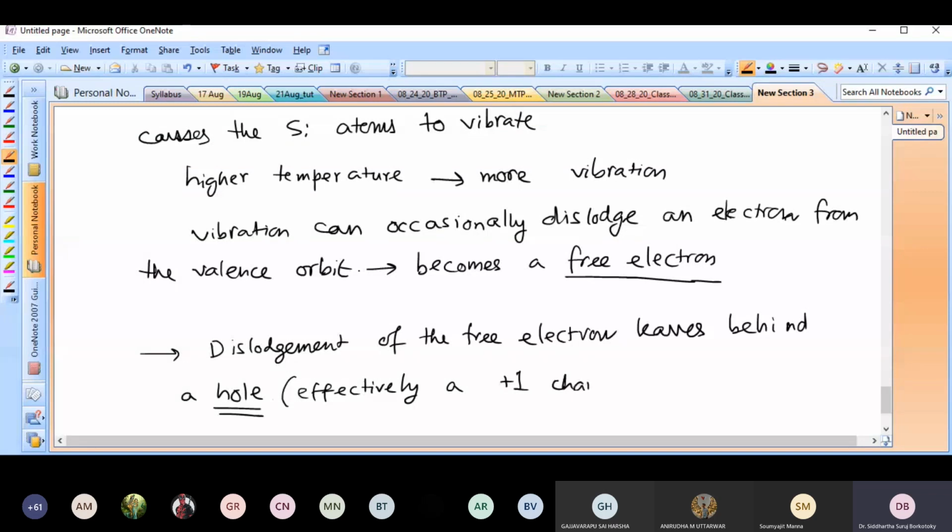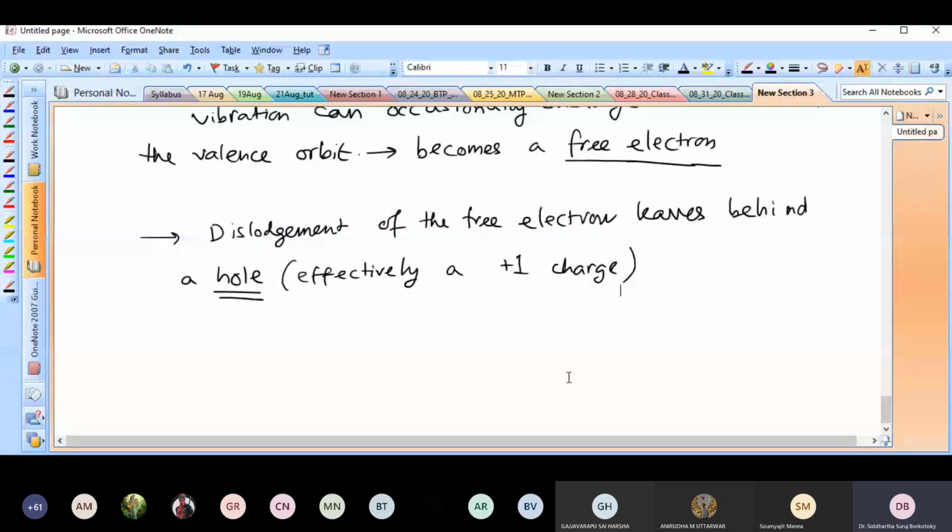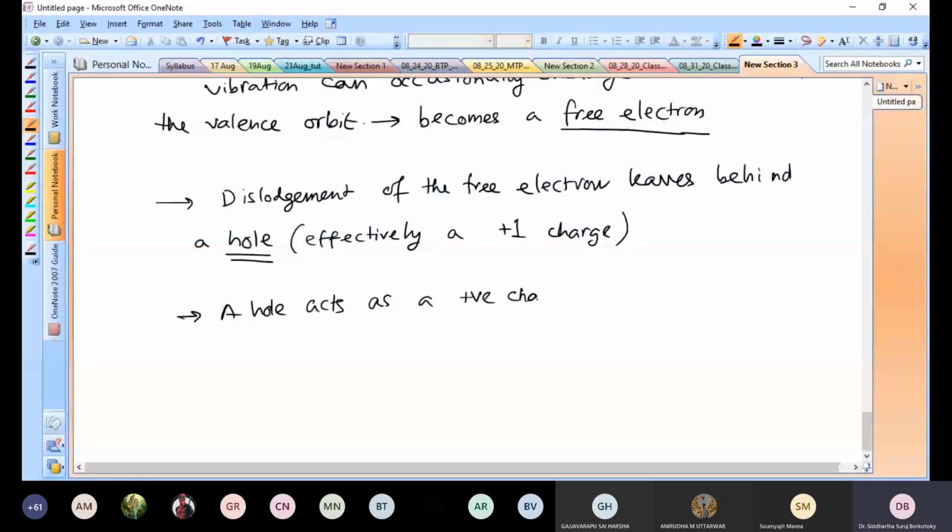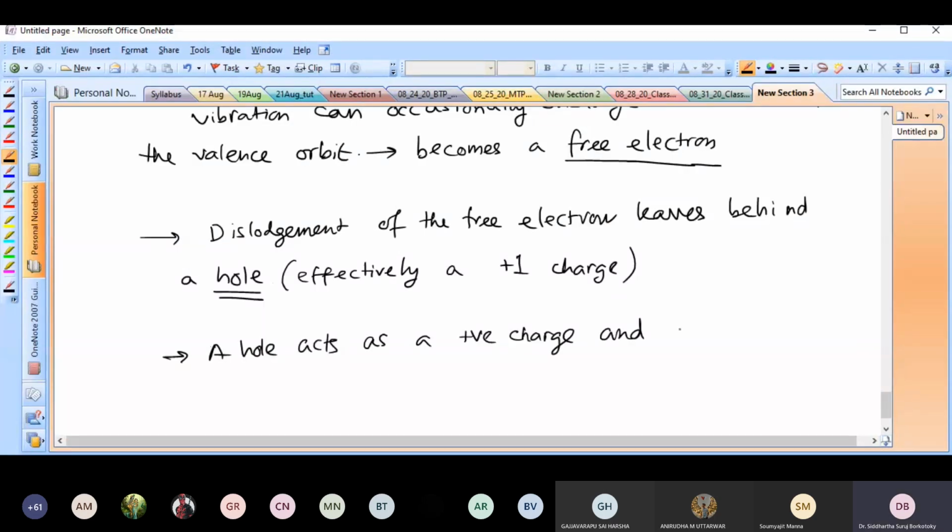So the hole can act as a positive +1 charge, and it can capture an electron.